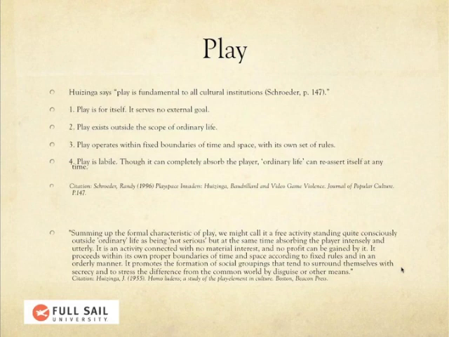So, some things that are important in this last quote, especially in the last sentence of this, is the formation of social groupings, because we definitely see that play, when it's incorporated into gaming, has this characteristic. You can see this especially in role-playing games, where players may identify themselves with a specific group.